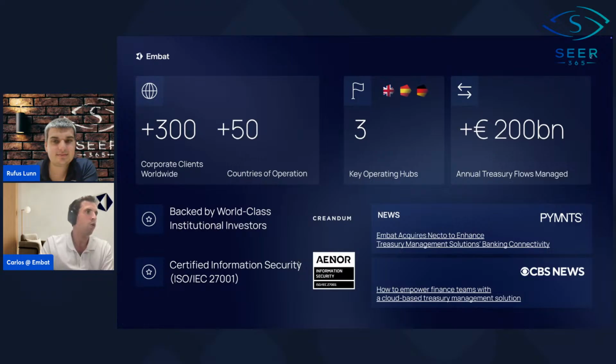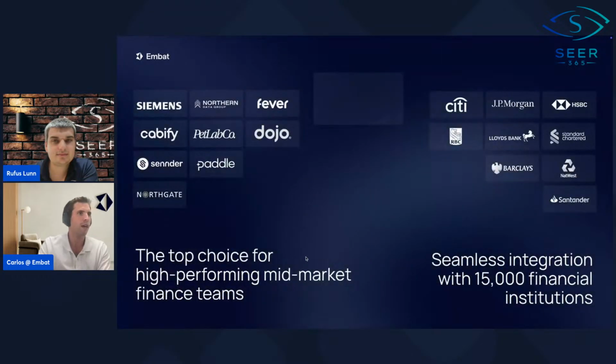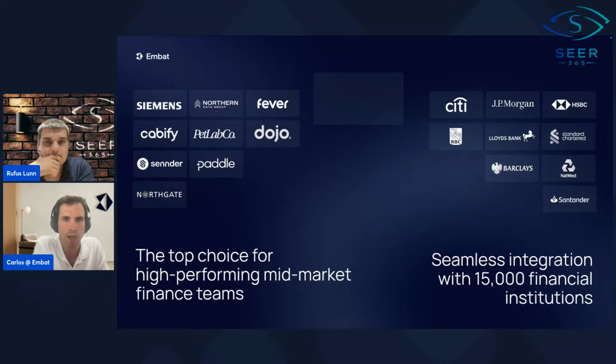So what do we typically target, or who are our customers? We've tried to lay out in very simple terms on the left-hand side of the screen a couple of customers who work with us today, and on the right-hand side, the typical banking partners that we can connect.